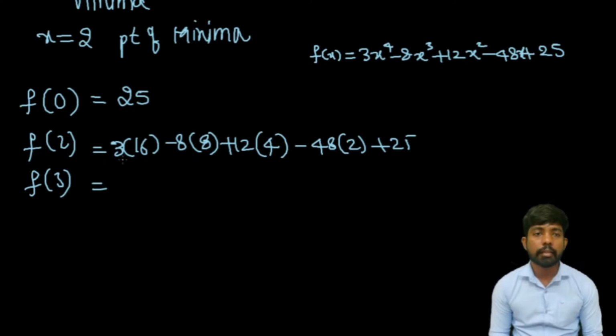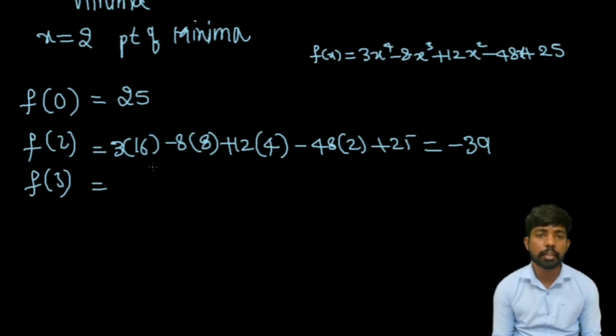If we calculate this, 3 16s are 48, minus 64, minus 96 plus 25 equals minus 39. Minus 39 is the answer for f of 2.